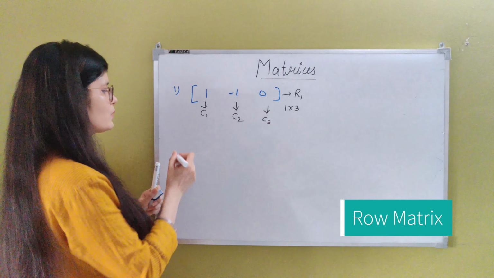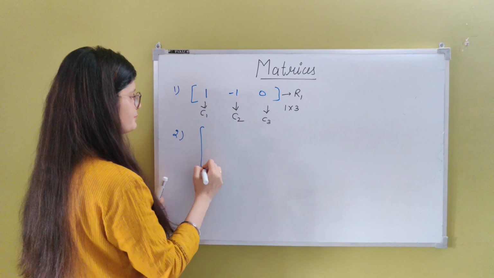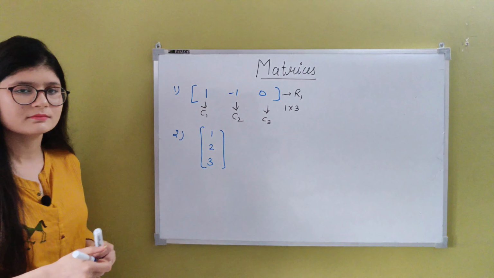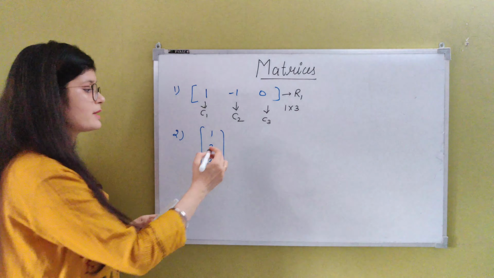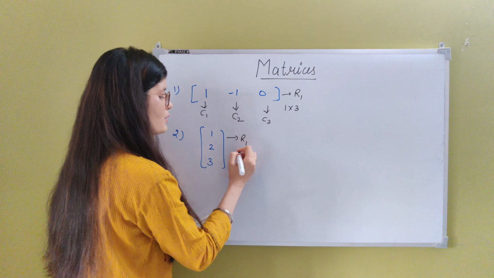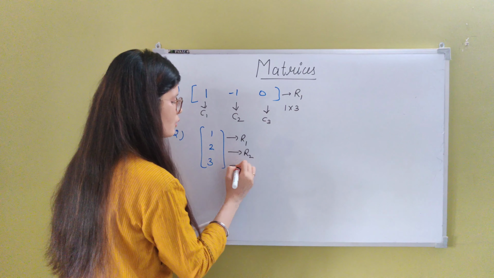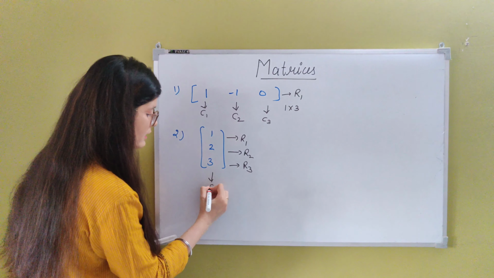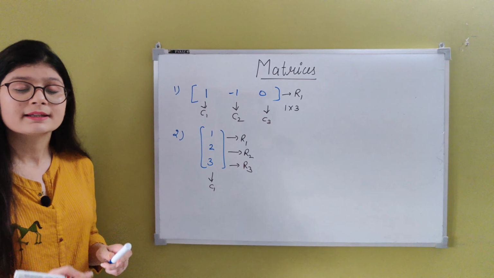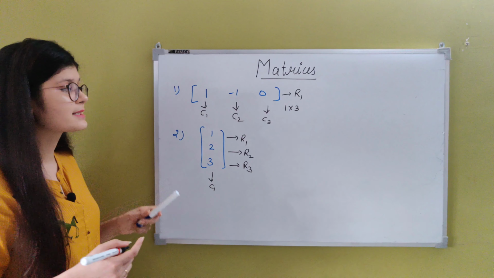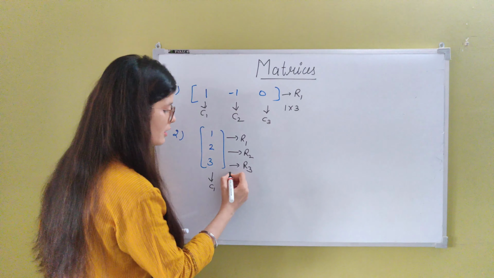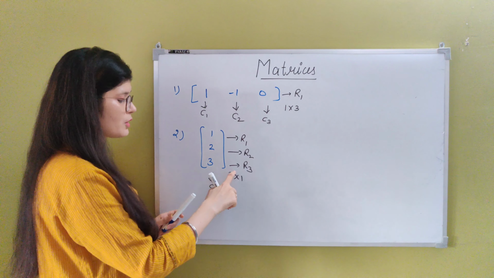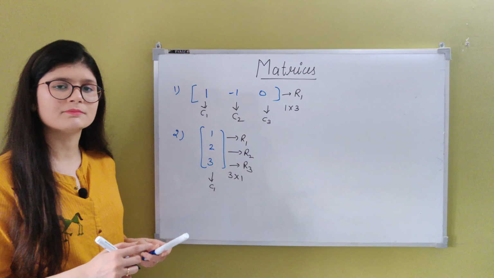Now we'll take the second example, 1, 2, 3, like this. Here you can see there are 3 rows, R1, R2 and R3, and there is only 1 column, that is C1. Then the order of the matrix will be 3 by 1 or 3 cross 1, because there are 3 rows and 1 column.